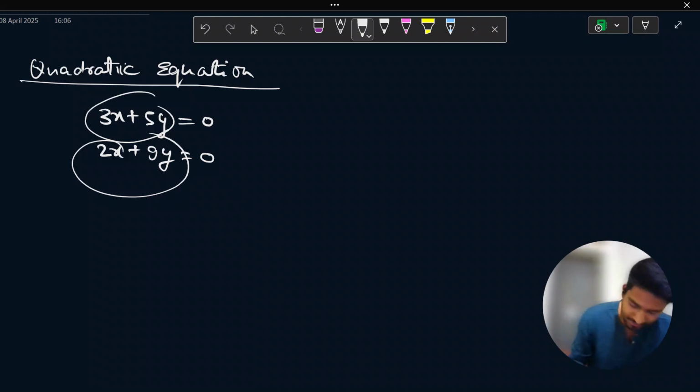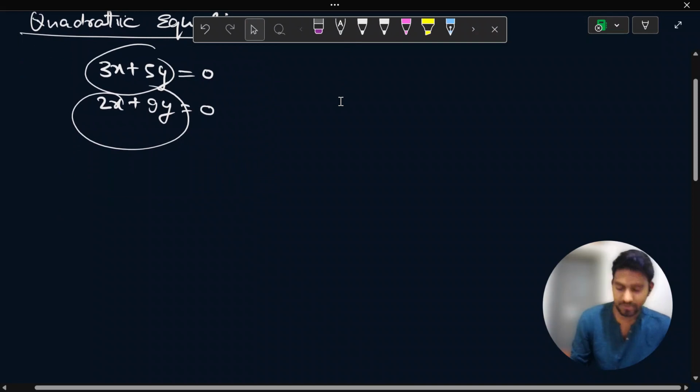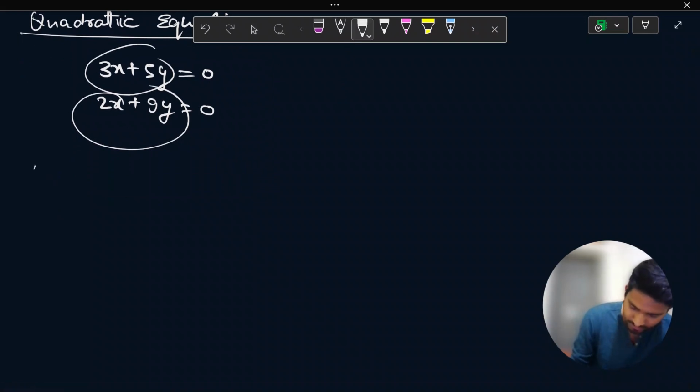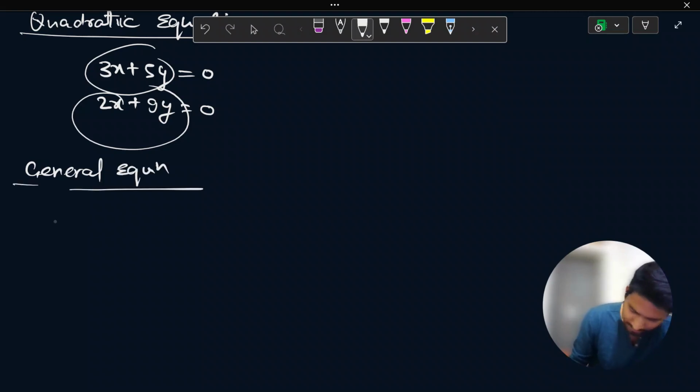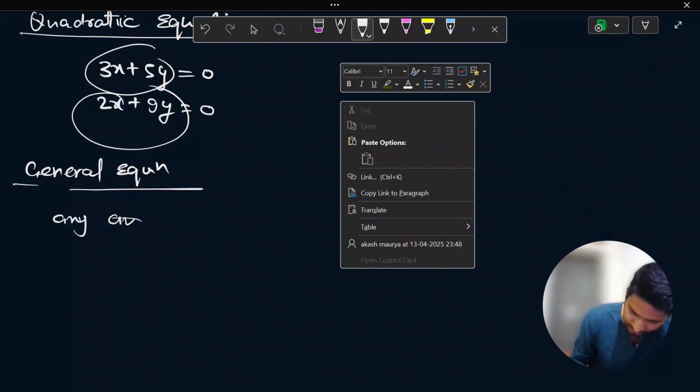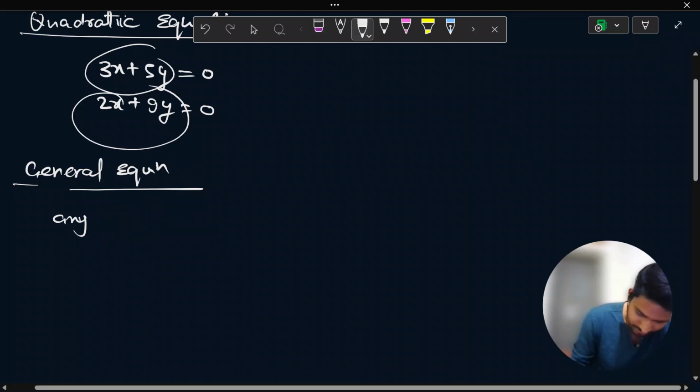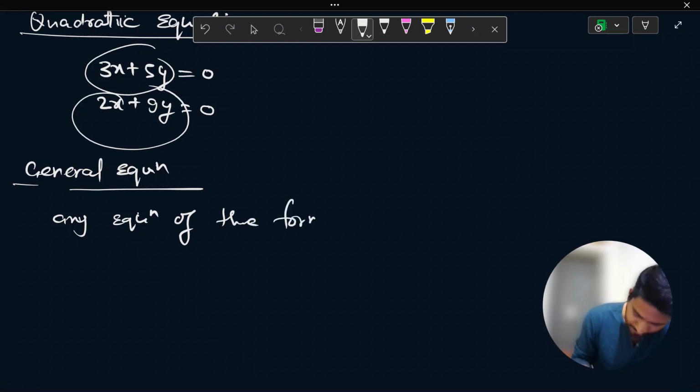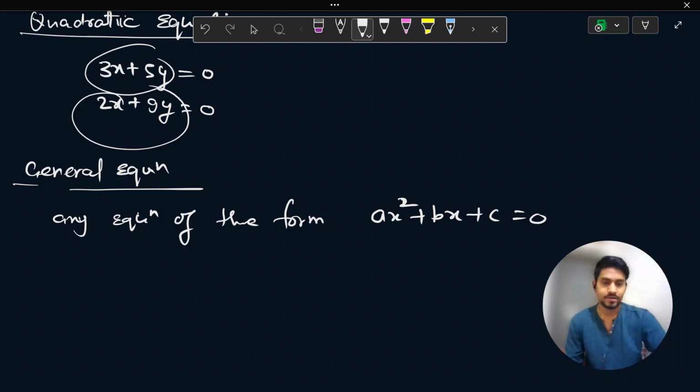Like the general equation, any equation of the form ax² plus bx plus c equal to 0 is called a quadratic equation, right?